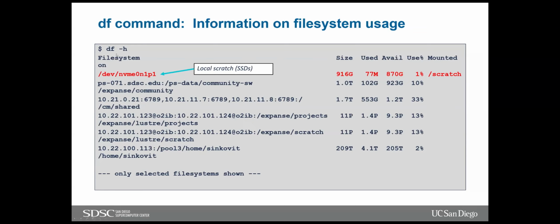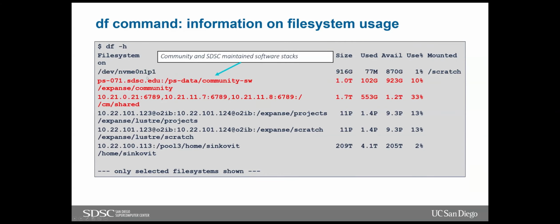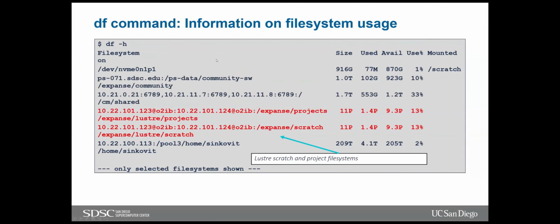When we run the df command, again, this is on Expanse, we can see that it has a local scratch file system on there. We can also see that the software stacks are available to you. We have at SDSC a community and an SDSC maintained software stack. We also see that we have a Lustre file system available to you.